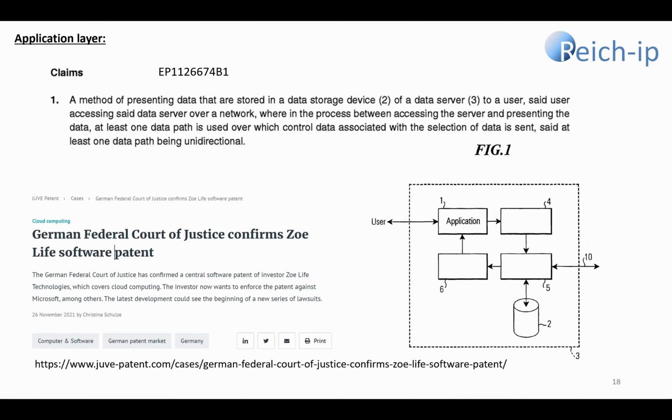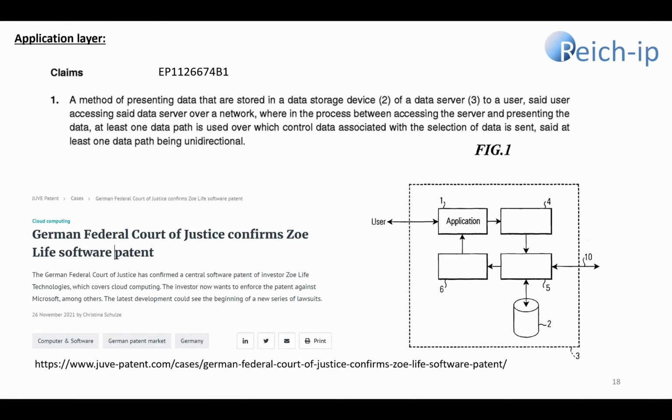But here you see a software patent, which really has a broad scope of protection. You have only a method of presenting data that are stored in a data storage device of a data server to a user. So the user accessing the data server over a network, where in the process between accessing the server and presenting the data, at least one data path is used over which control data associated with the selection of data is sent, said at least one data path being unidirectional.